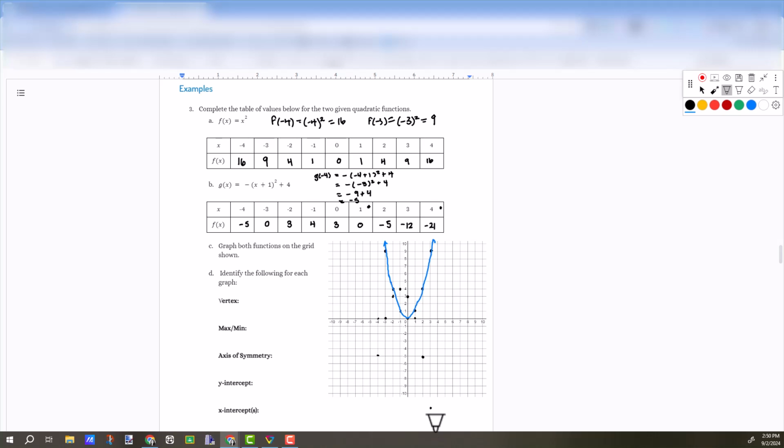And then the 4 and -21 is right off the charts. Let's make this one red. Again, we know it's going to go off the page. Trying to make it as smooth as possible. I know, especially if you're using a tablet, it might not be as easy. And there we go. And put our arrows to show it's going to infinity in both directions. There we go. Nice work.